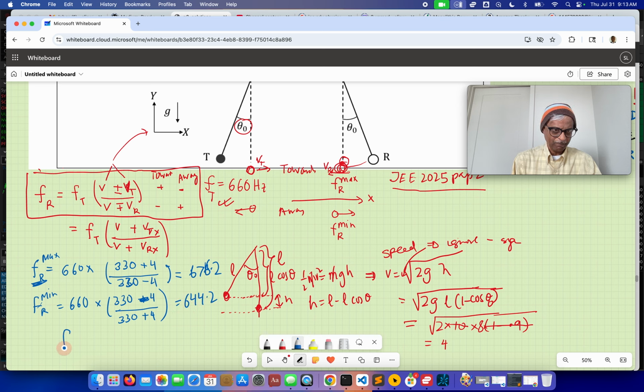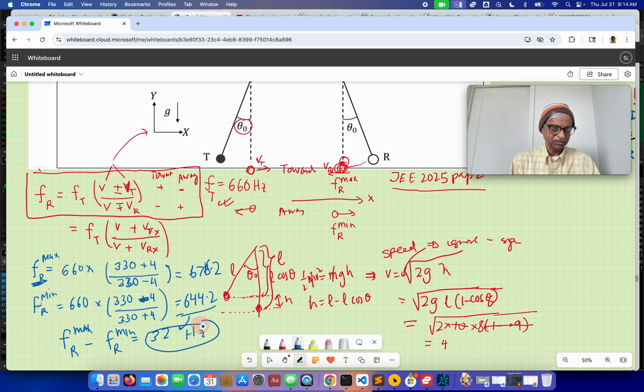So f max minus f min, whatever at the receiver, at the detector, is the difference of these two, which is 32. This gives me 32 hertz.